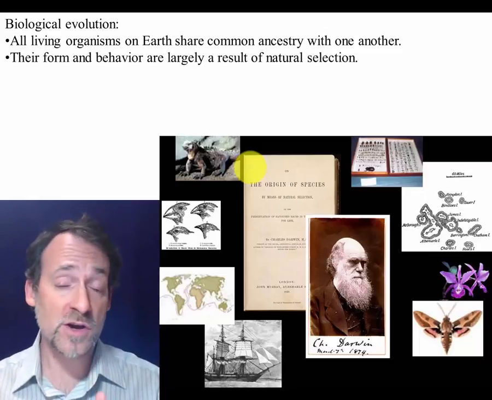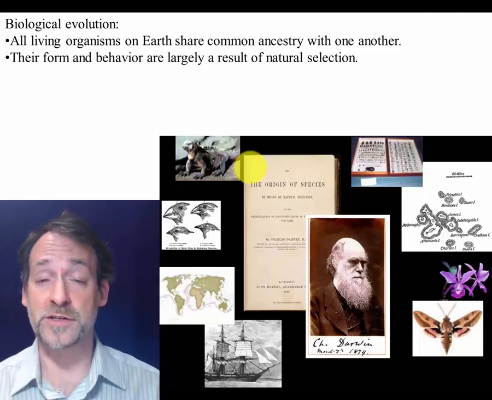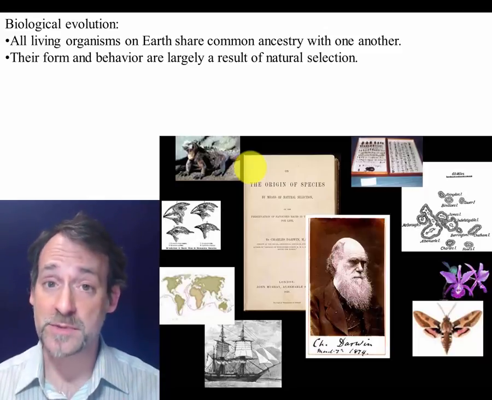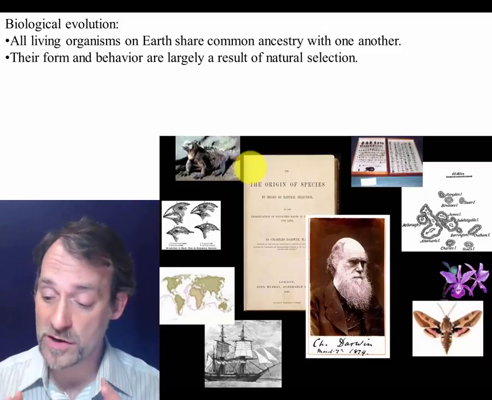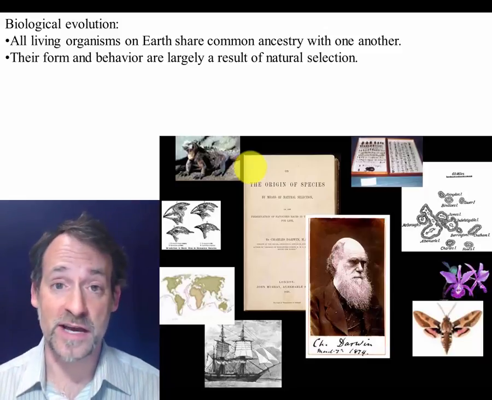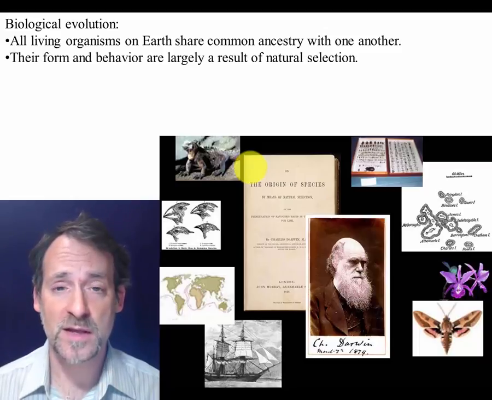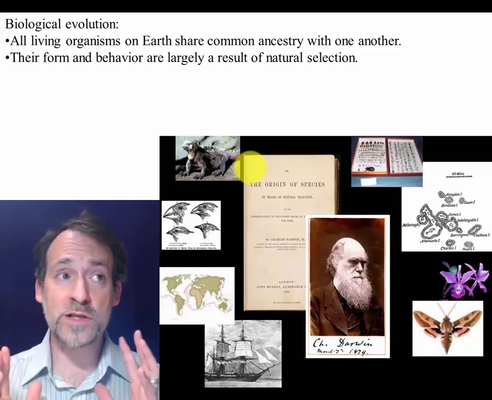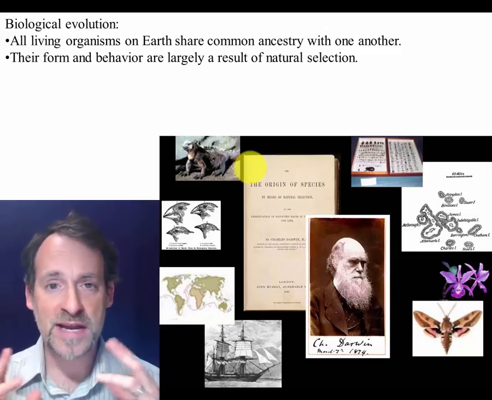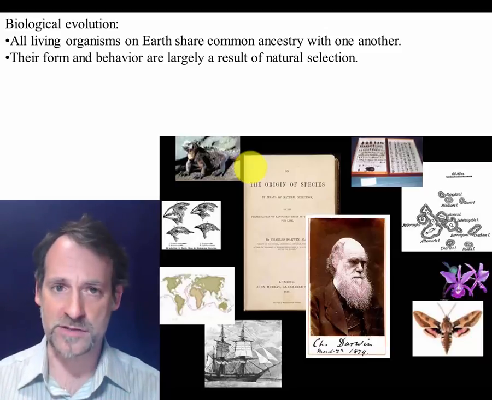However, we've just been talking about how form follows function, and same thing with behavior. The form and behavior in an organism are shaped by natural selection. While there are other forces that act on that form and that behavior, natural selection is very important. So when we look at the way that organisms are shaped, the way that they behave, we need to be thinking about two things.